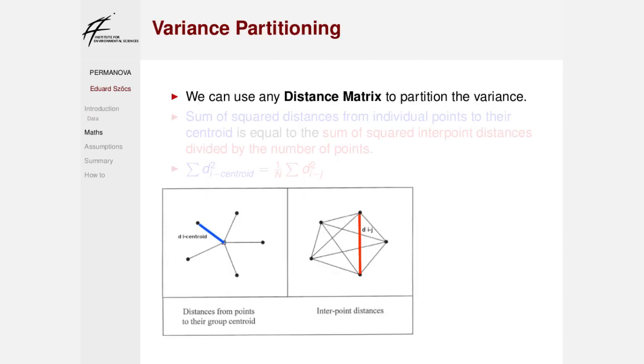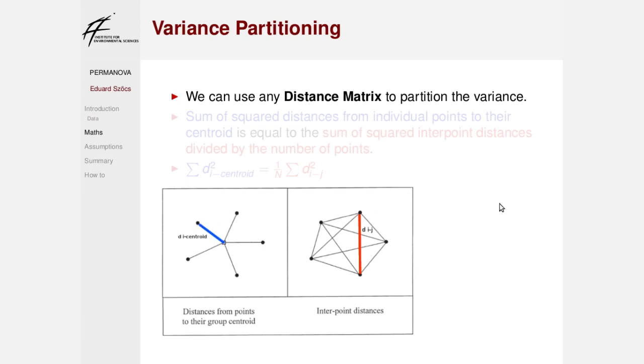So how is this partitioning done? That's the main point of this paper. You can use the distance matrix to do the partitioning. The distance matrix gives us the interpoint distances, so the distance from one point to each other point. However, what you want is the distance from the mean to the point.